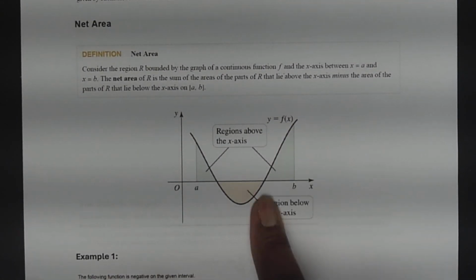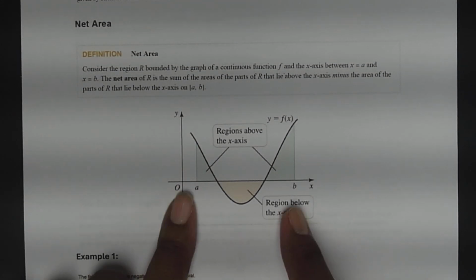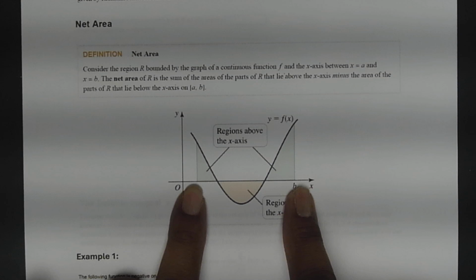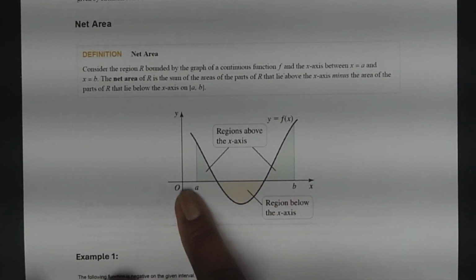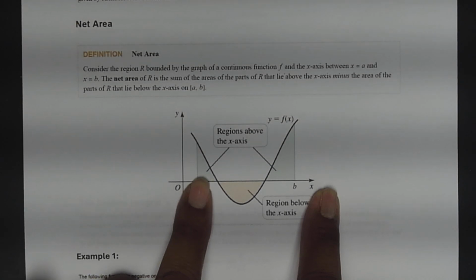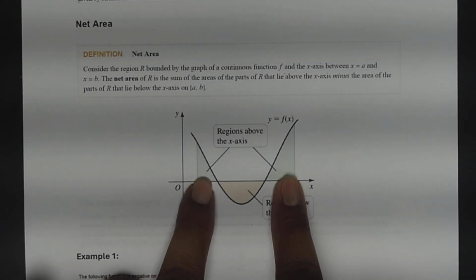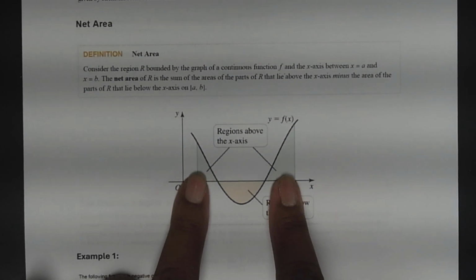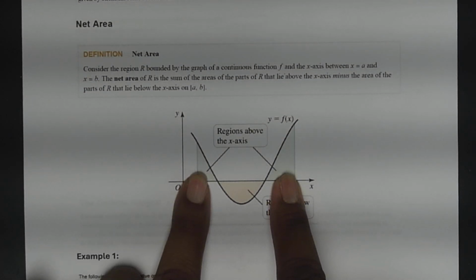We have the graph of y equals f of x, and we have the closed interval a to b, and we're dealing with this function and the x-axis. So here's the x-axis here. Now, as you can see here, these green shaded areas between a and b are the area that's above the x-axis.